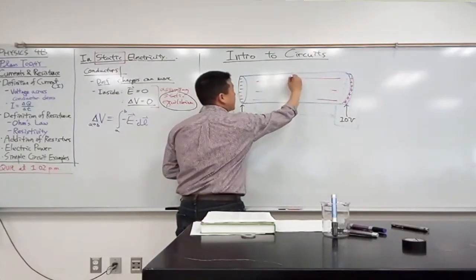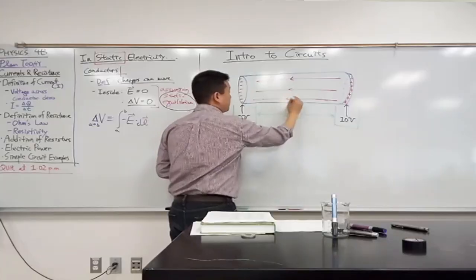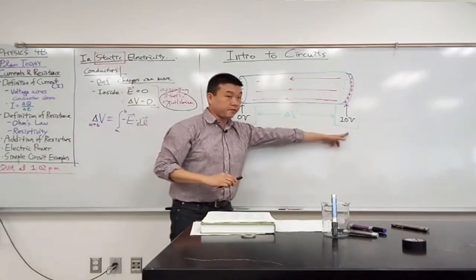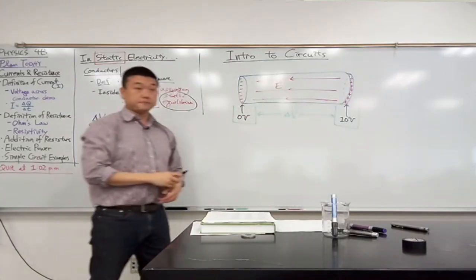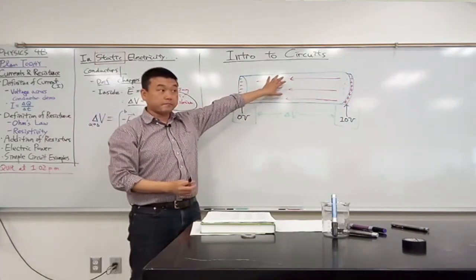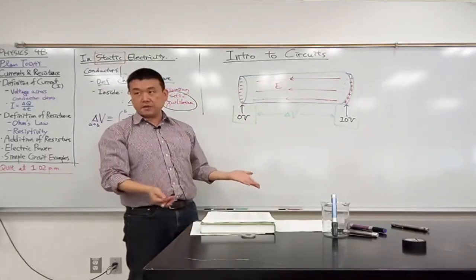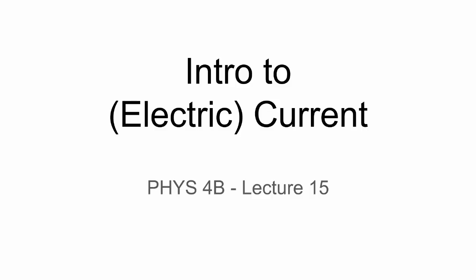The electric field that we said should be there in the static equilibrium situation, based on the fact that there's a voltage difference here, remains. It's still there. What we are doing is what we needed to do to maintain this voltage difference.